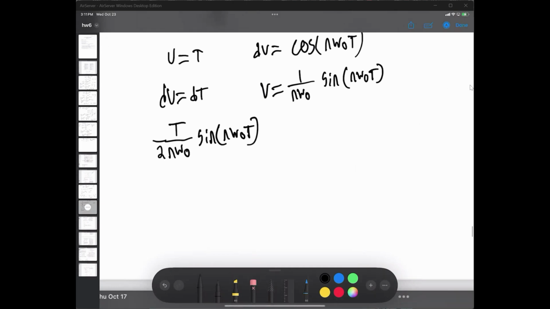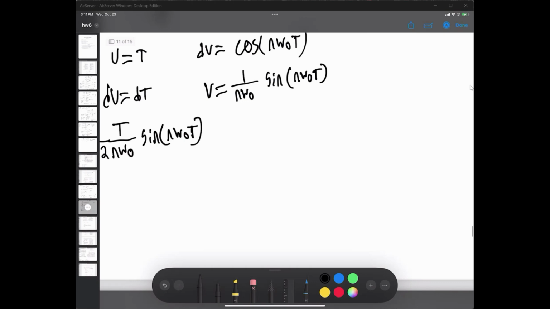Let's bring that down or else we'll get it wrong. Then we'll have minus the integral from -4 to 0 of the 1 over n omega naught, we'll put that constant outside.